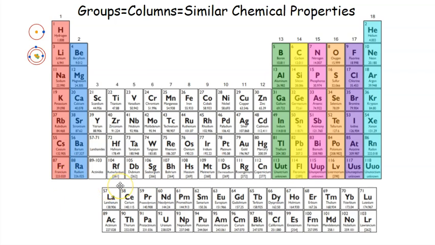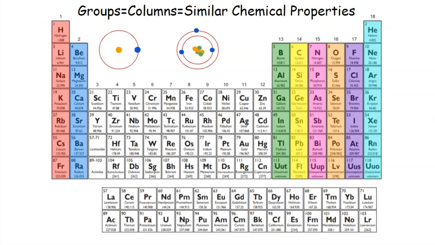But before, we talked about periods or rows, and we said, hey, when we look this way on the periodic table, we look at the number of energy levels. Well, when we look at groups, we look at something slightly different. We look at what we call the valence electrons. Valence electrons are similar to electrons, meaning they have a -1 charge, but the difference between all the electrons in one atom and the valence electrons is that the valence electrons are the electrons on the outermost energy level or the outermost circle.